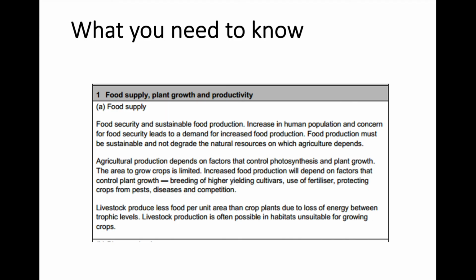And that is us for this key area. I know it's been absolutely huge. Thank you very much for listening through it. Hopefully it's been useful for you. You might need to go back, especially through the stages of photosynthesis, to try and consolidate your notes. But we covered the food supply part in the 1A video. This is now on 3.1b.